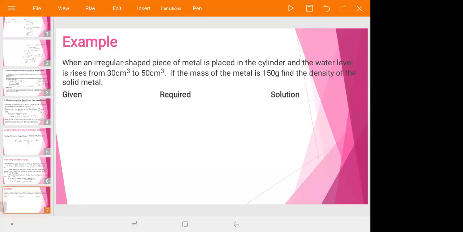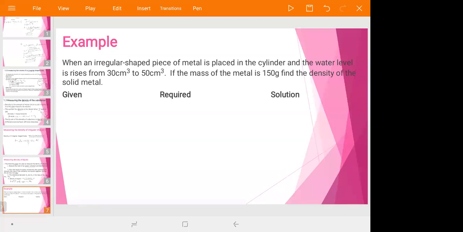So you must apply the formula for the density of an irregular shape. What formula can we use? M over V2 minus V1.